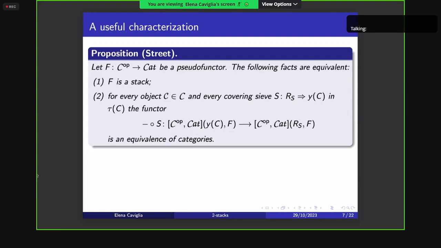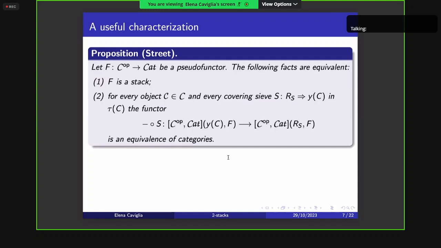So we say that F is a stack if and only if for every object in the category and every covering sieve, the functor of precomposition with the covering sieve is an equivalence of categories.